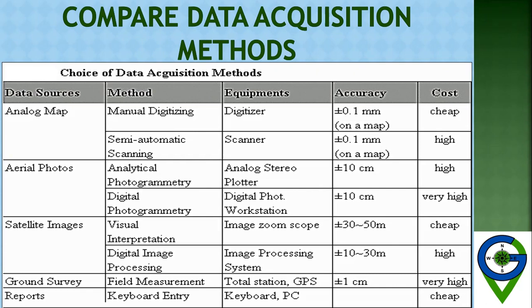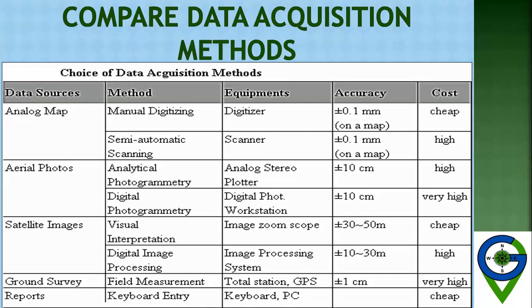Accuracy is the same as aerial photogrammetry, plus minus 10 centimeters, but the cost is very high. Then for satellite images, the method is visual interpretation. We have already discussed the elements of visual interpretation in the last lecture. Equipment used is the image zoom scope. Accuracy ranges between plus minus 30 to 50 meters, but the cost is cheap.